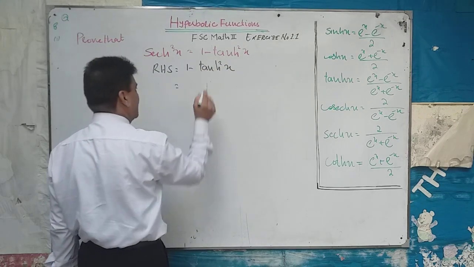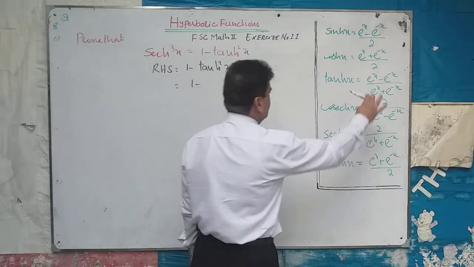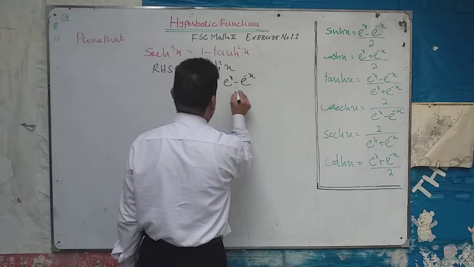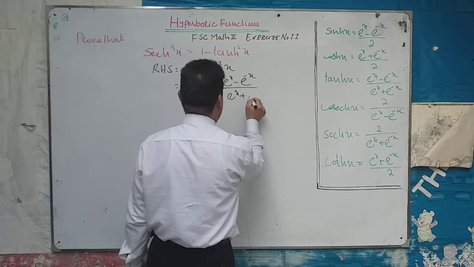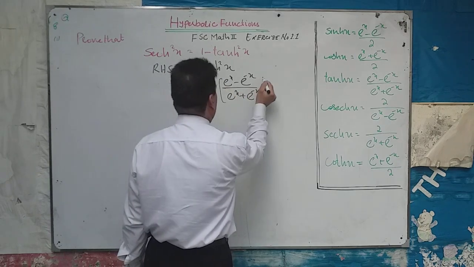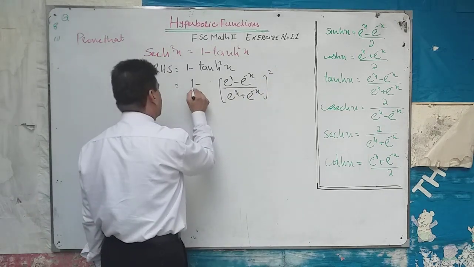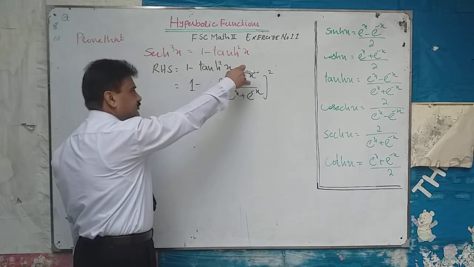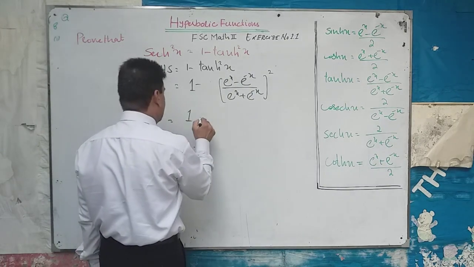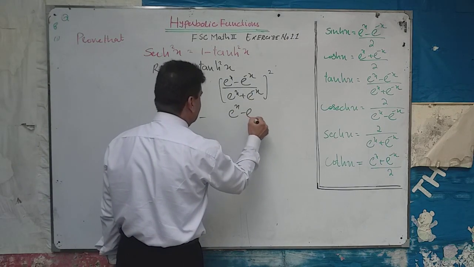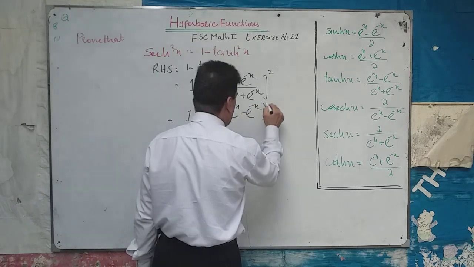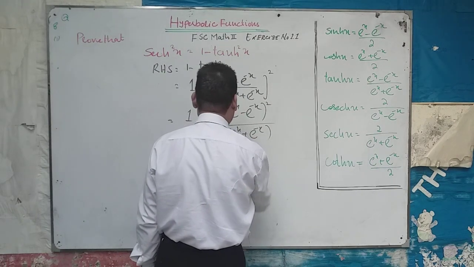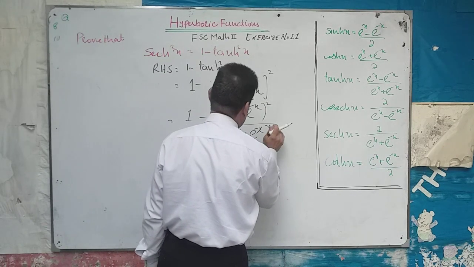The value of tan hyperbolic x is (e raised power x minus e raised power minus x) by (e raised power x plus e raised power minus x), whole square. We separate both numerator and denominator. We will get 1 minus (e raised power x minus e raised power minus x) whole square divided by (e raised power x plus e raised power minus x) whole square.